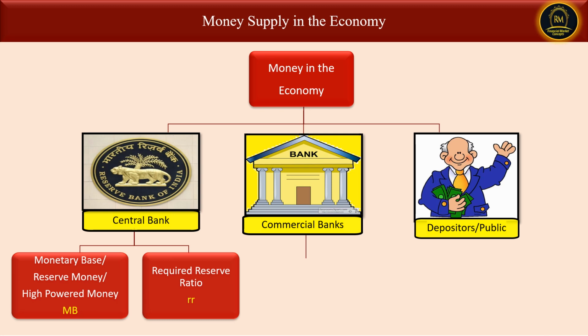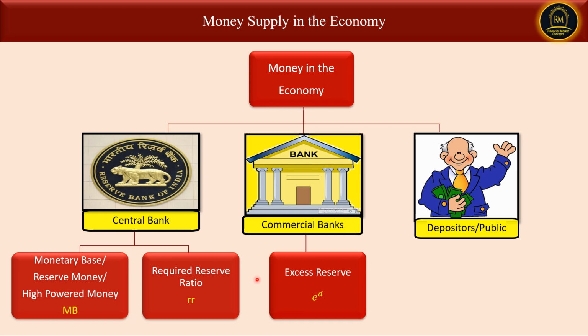Now coming to the commercial bank determinant of money supply, that is excess reserve, what commercial banks keep with itself over and above the required reserve. This is called the desired excess reserve ratio kept by the commercial banks. Now what is this excess reserve? Excess reserve means that banks are not loaned up.